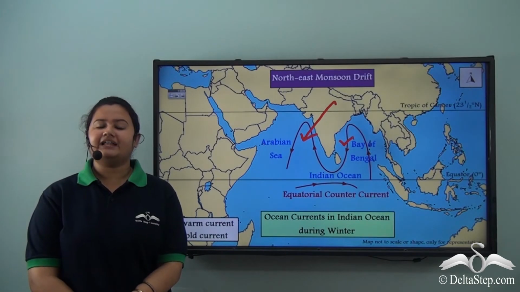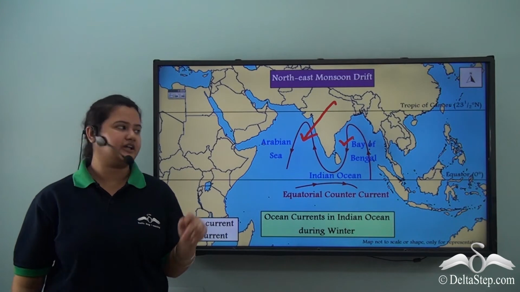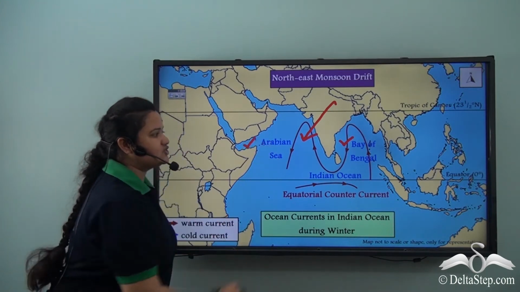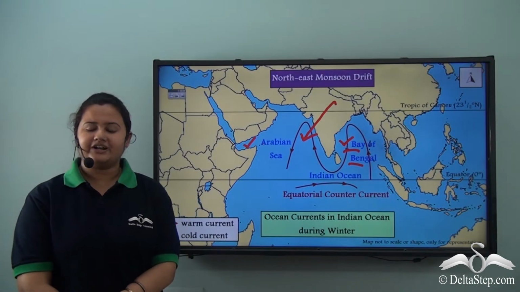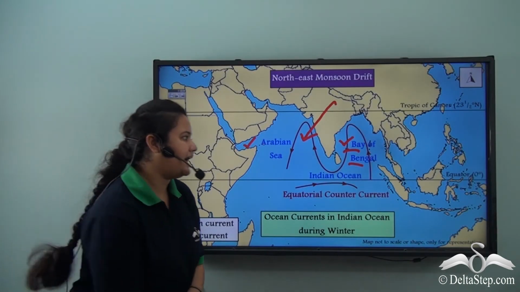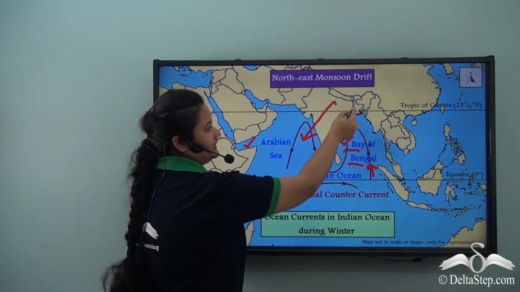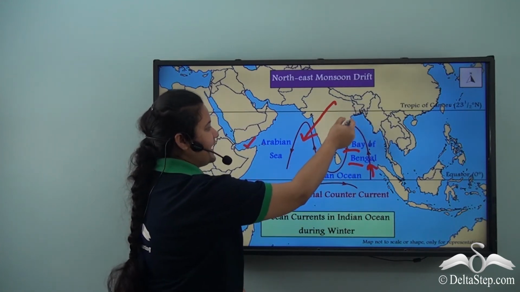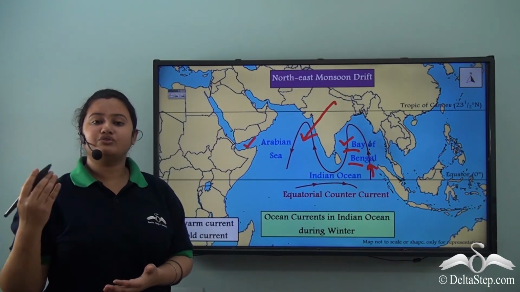Again, we can find that the ocean currents in the northern part of the Indian Ocean have two branches, the Arabian Sea branch and the Bay of Bengal branch. The ocean currents originate from the equator and they move in this direction. Then they are deflected by the shape of the landmass and they are influenced by the monsoon winds.